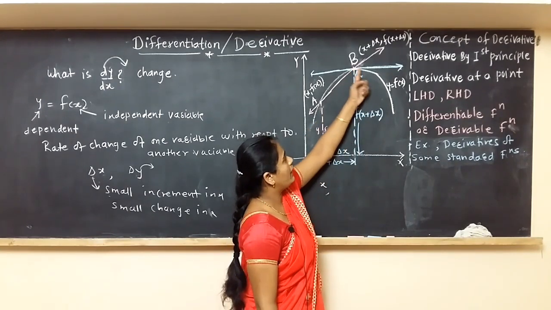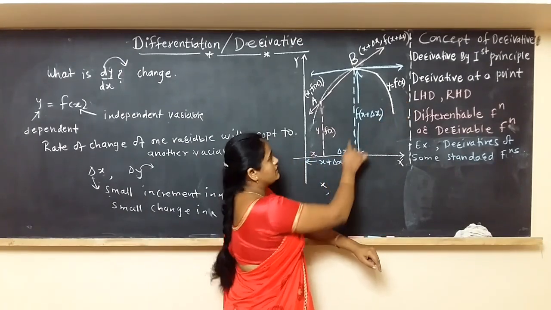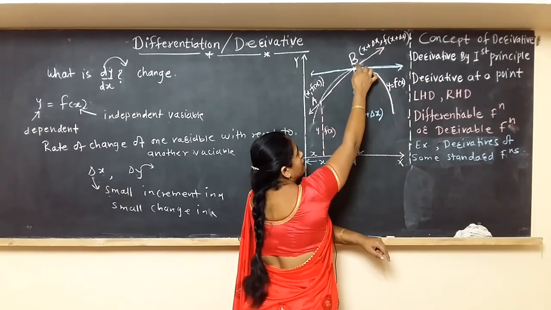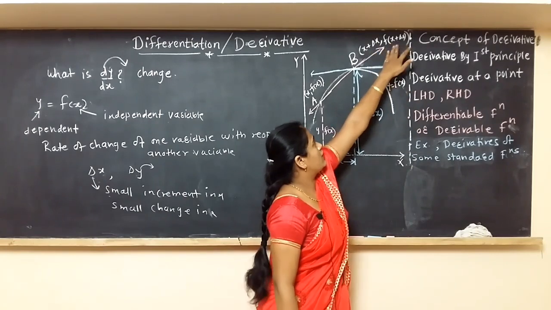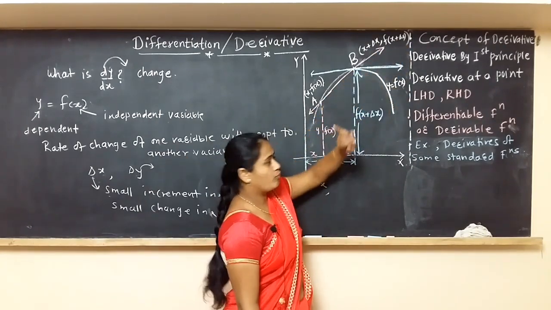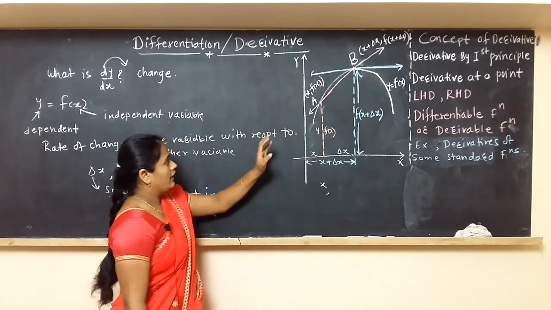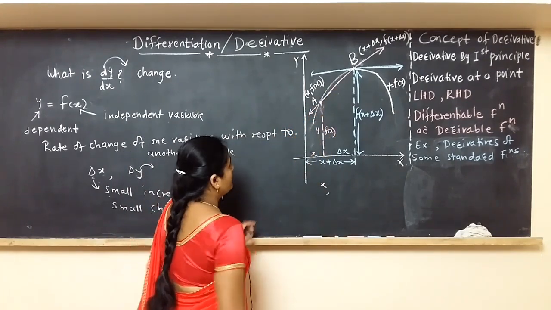As this point B lies on the curve y is equal to f of x, if you put x plus delta x in this curve, we get the y coordinate of point B as f of x plus delta x. So these are the coordinates. Again I have drawn a line through points A and B, and we are going to find the slope of this line AB.